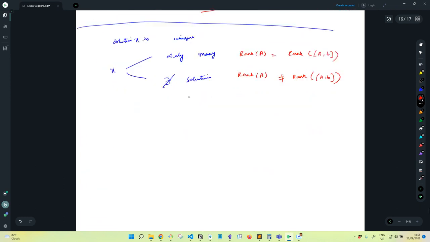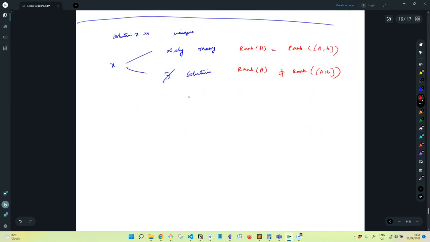Now, as a simple exercise, let me give you this equation once again and see if you are able to find a solution to the system using pen and paper. x plus y equals 3, 2x plus 2y equals 7.